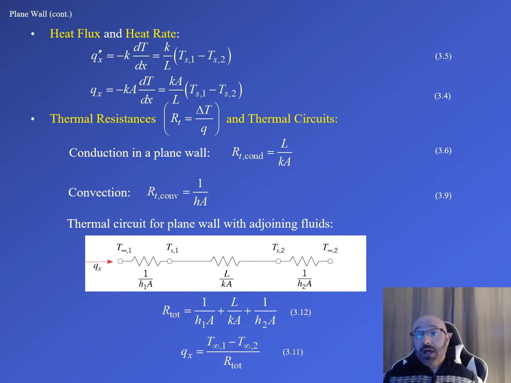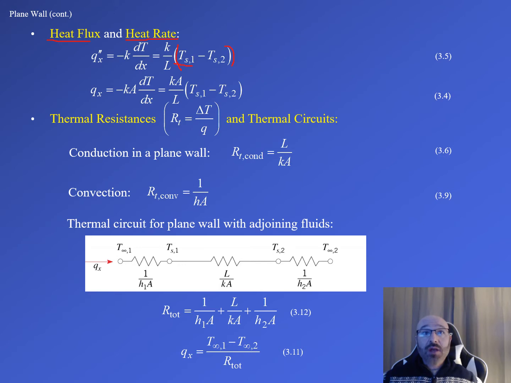So referencing back to our textbook, we have some governing equations we can utilize for heat flux and heat rate as well. We can see here that our heat flux is equal to our negative K, where K is our thermal conductivity, times our change in temperature with distance, dT/dx. And this is equal to K, again our thermal conductivity, divided by the total length times the difference in those surface temperatures.